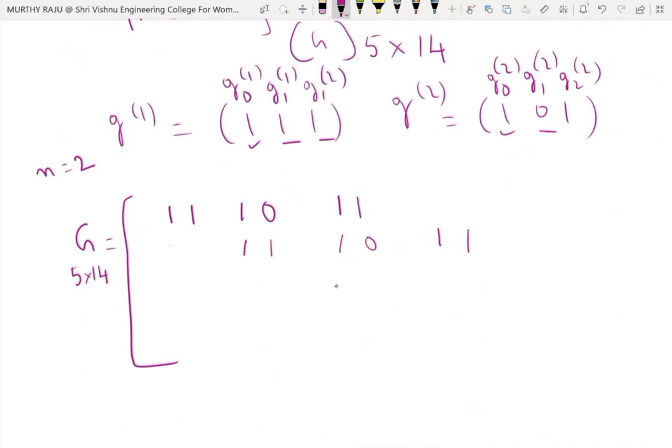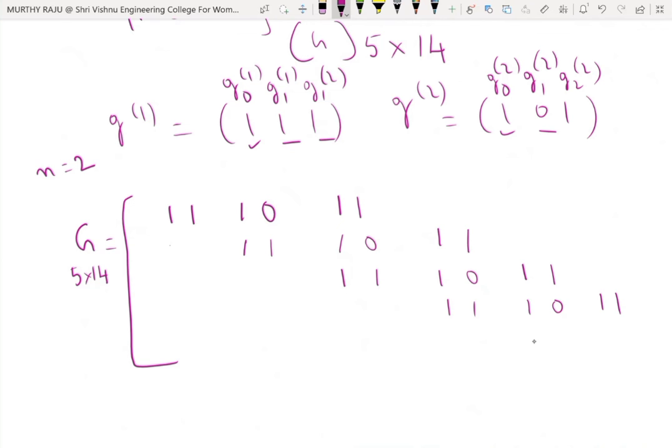The third row of the matrix is again shifted by 2 places. That means 1 1 1 0 1 1. Fourth row is 1 1 1 0 1 1.